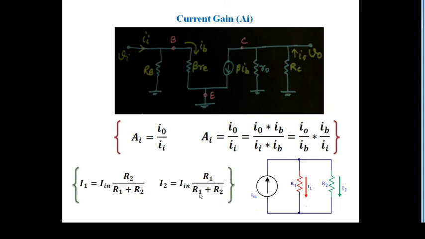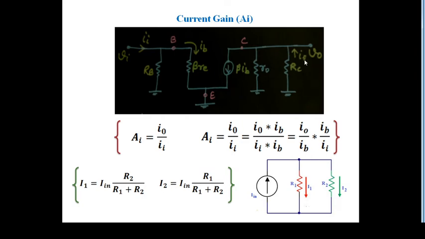Why am I writing this? Because this one is a current beta IB, so we can find this I naught. I naught becomes beta times IB into R naught divided by R naught plus RC.